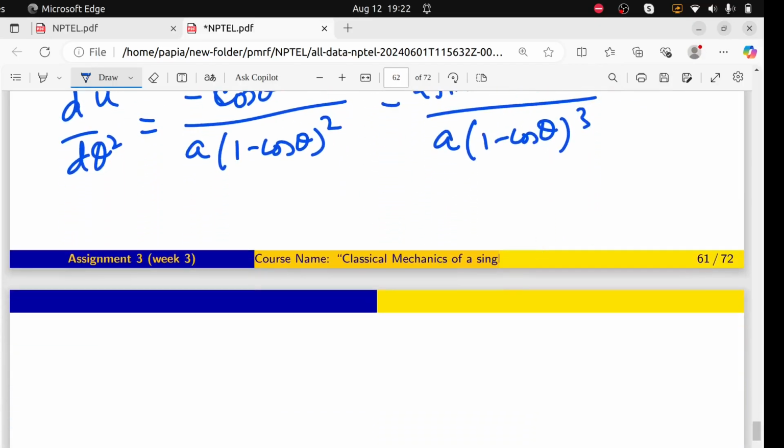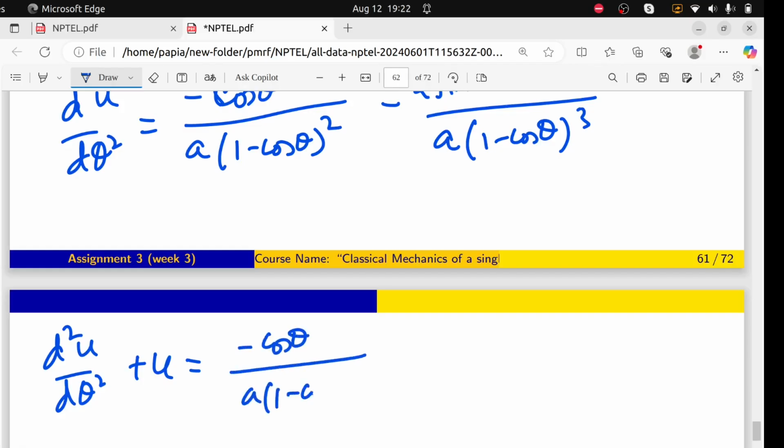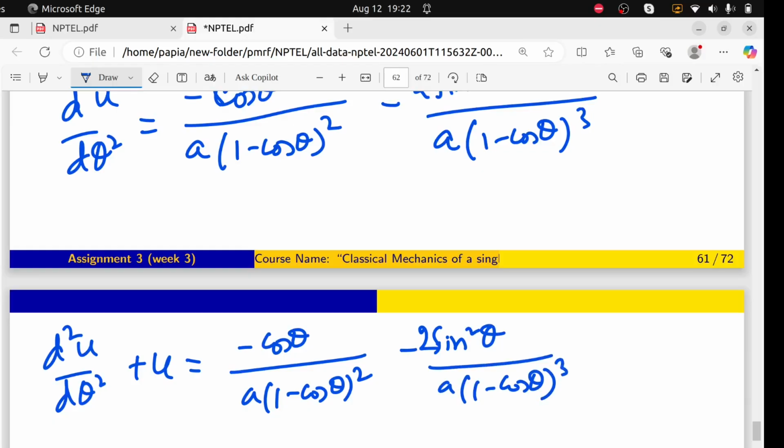So if I calculate d2u d theta 2 plus u, this will be minus cos theta over 1 minus cos theta whole square, minus 2 sin square theta over 1 minus cos theta whole cube, plus 1 by 1 minus cos theta.